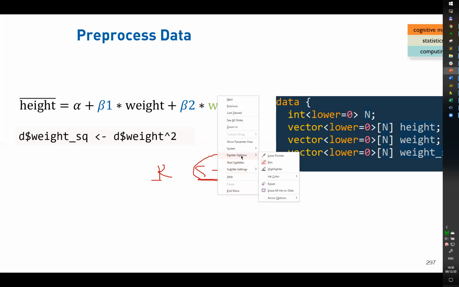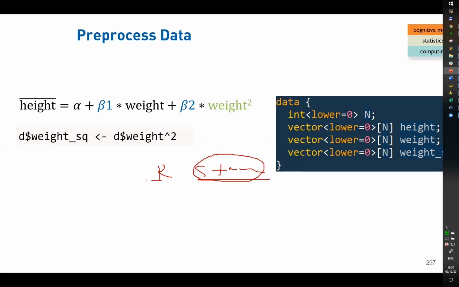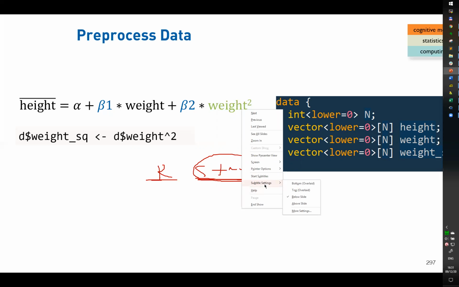Yeah. And also, if you didn't do the data pre-processing correctly in R, you can debug it. But if you do it in Stan, then it's quite difficult to debug. We will see how difficult that is. Well, how unintuitive that is.